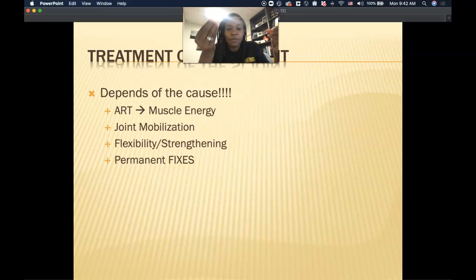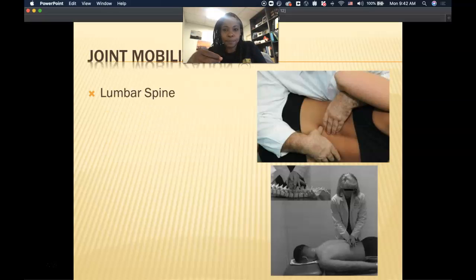So yes, we love chiropractic treatment, but now we have to supplement that with the rehab component of that. So what are permanent fixes? The permanent fixes are what you decide they are. It's strengthening, it's core stability, it's loosening, it's yoga, it's all of these things combined so that that patient learns how to live in a new normal for that particular joint.